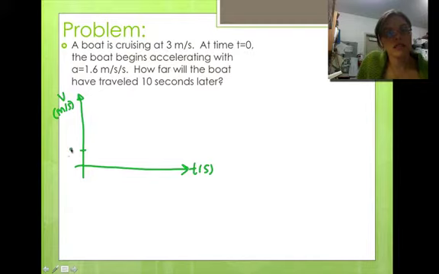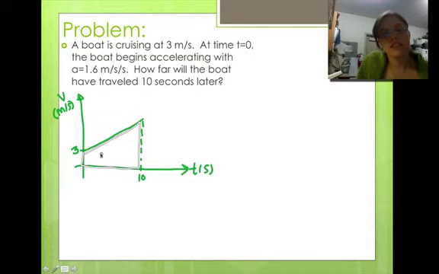And so it begins cruising at 3 meters per second, and then it has an acceleration of 1.6 meters per second squared. How far has the boat traveled 10 seconds later? Okay, so we want to find this area under the graph right here.